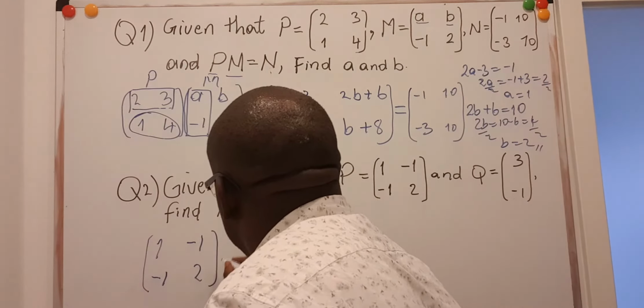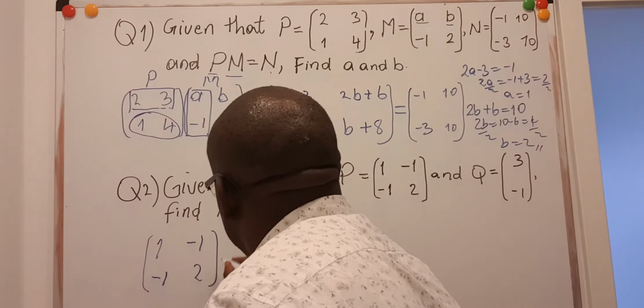I have 2 columns here and 2 rows, so we can multiply. So I will take again this and go with that. So 1 times 3 is 3. Minus 1 times minus 1 is plus 1. That's the first entry, first element in this matrix.